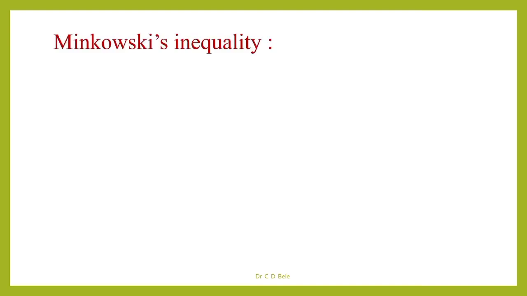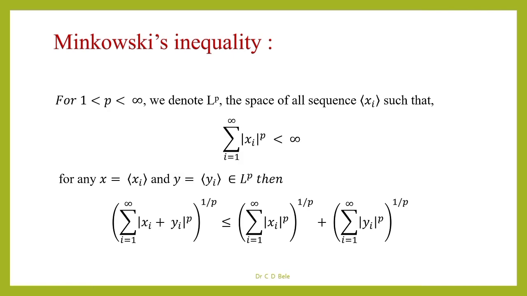Next, the Cauchy-Schwarz inequality. This inequality is important for further solving problems. What does that inequality say? For p greater than 1 and finite, we denote by l^p the space of all sequences x_i such that the summation of the absolute value of x_i raised to p, i equal to 1 to infinity, is finite.